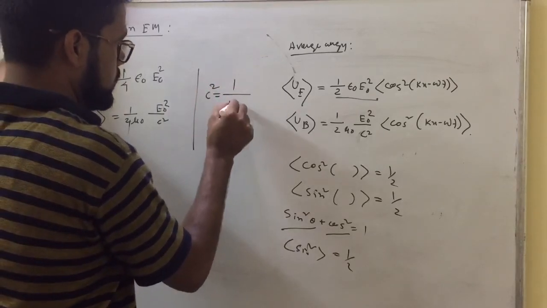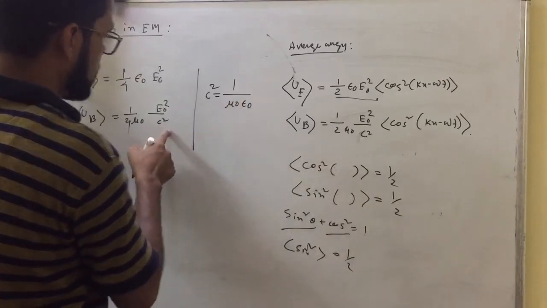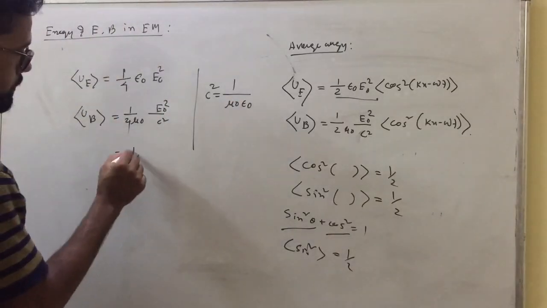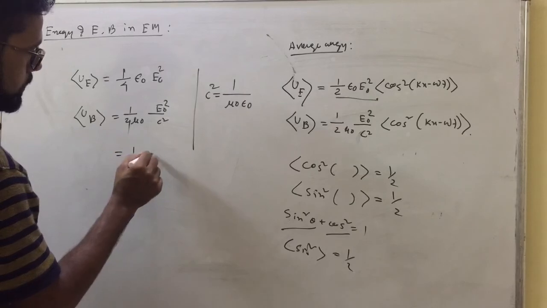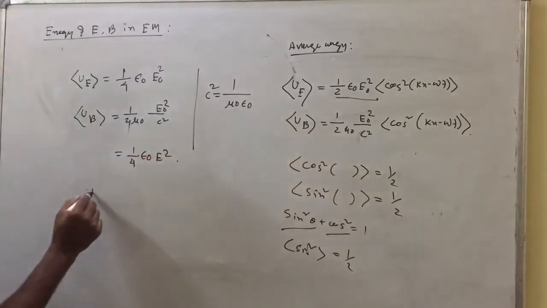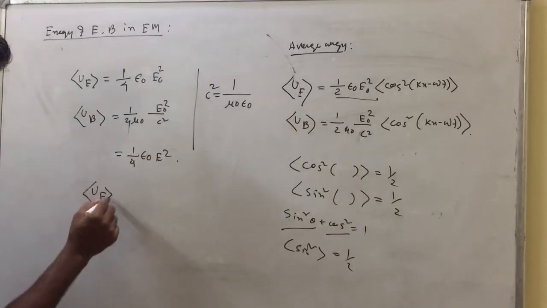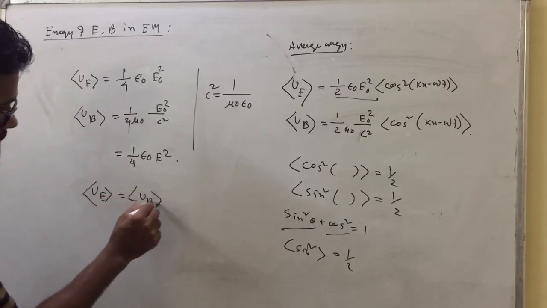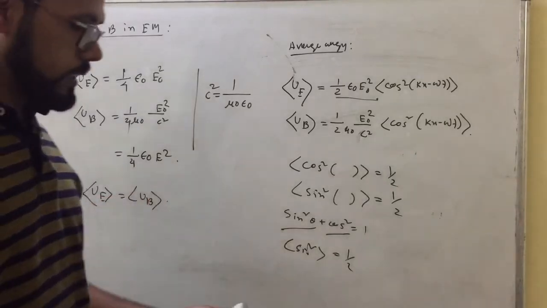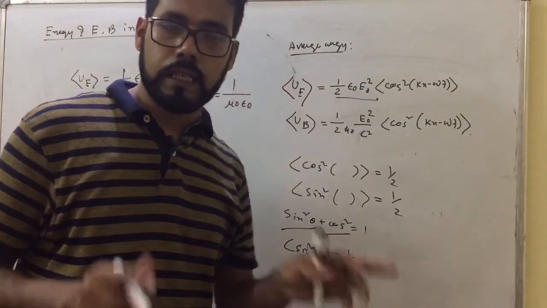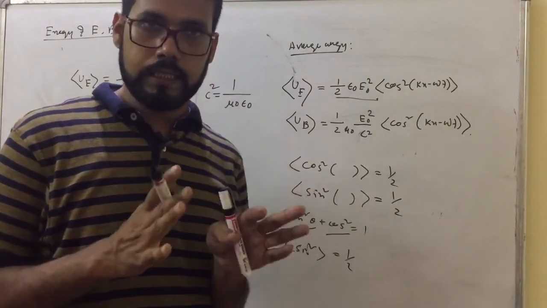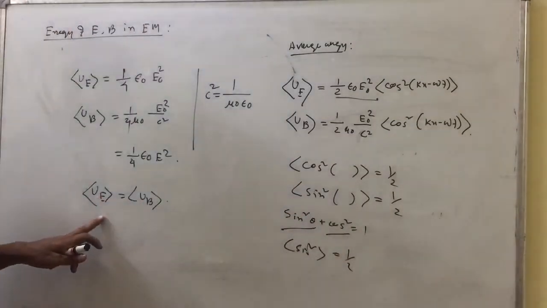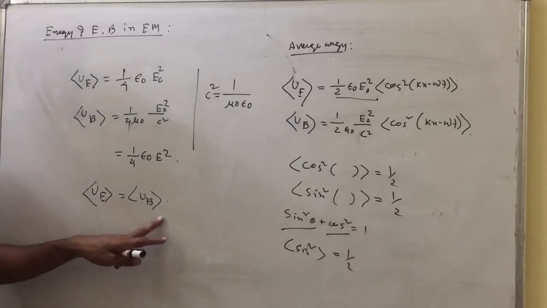Now C square equals 1 by mu naught epsilon naught. If you put this value, you will get 1 by 4 epsilon naught E square. That means the electric energy equals the magnetic energy. So in an electromagnetic wave, the total energy is equally shared between the electric field and the magnetic field.